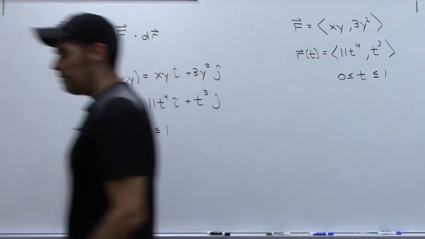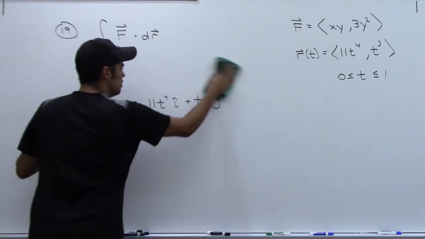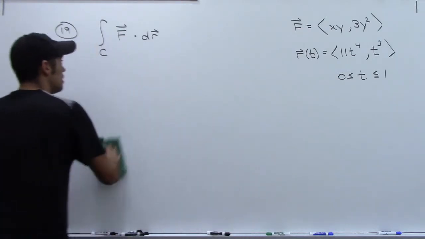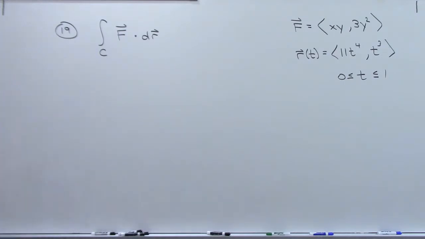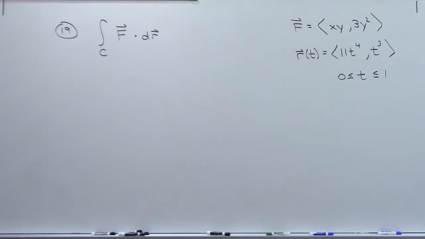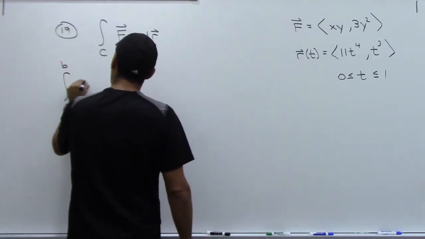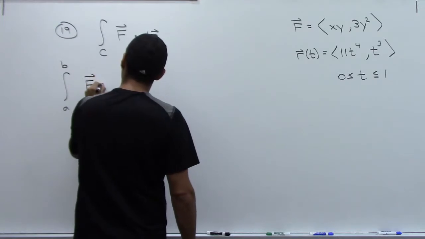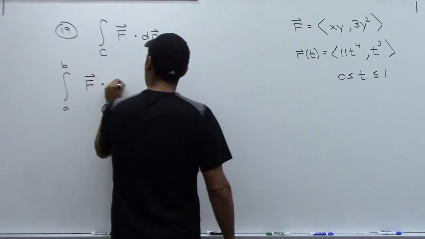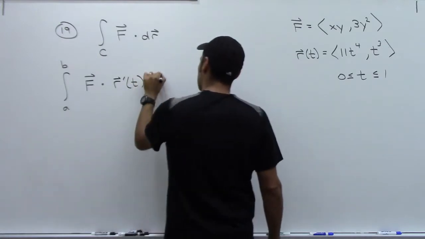So what is the vector field F dot dr? Well, we saw in class that there were a couple of formulas for this, but we're going to use probably this one. It's going to be the integral from a to b of F dotted with the derivative of the r function dt.